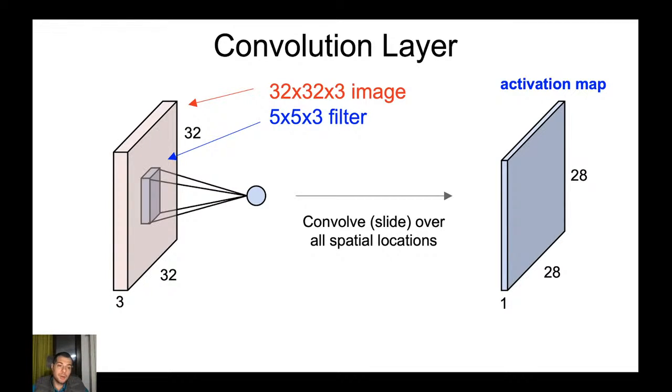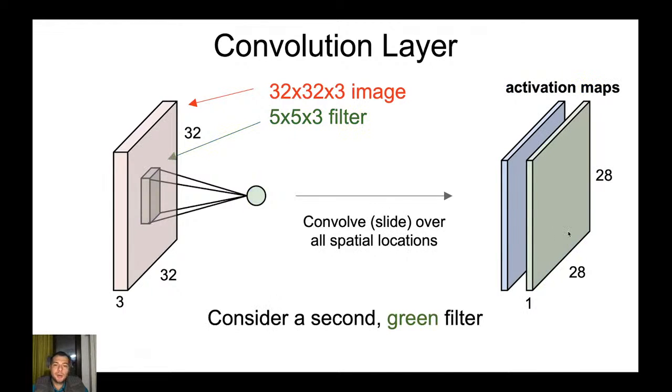Notice that the activation map has depth of 1, and actually in a convolutional layer we have more convolutional filters. Usually we can have, I don't know, 6, 10, 32, even 500 or 1000 filters. So for each filter we obtain a different activation map.